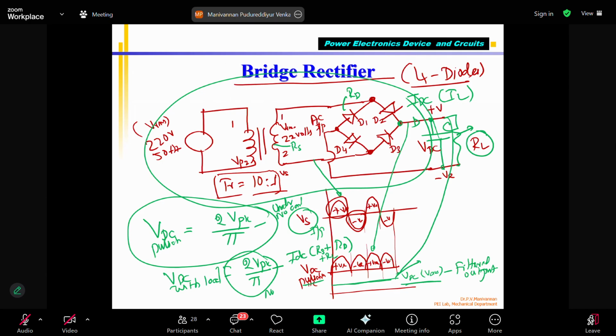It can also be used to control the voltage or current applied to a DC motor. You don't have a battery, you have standard AC voltage, 440 or 220 volts, and you want to drive a DC motor of 220 volts, 100 volts or 400 volts DC.